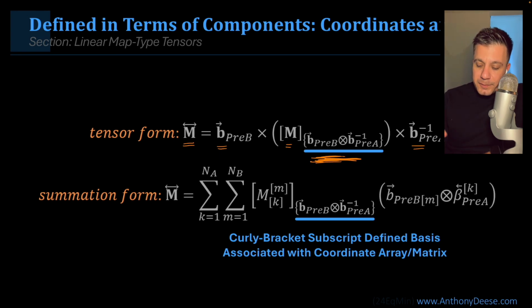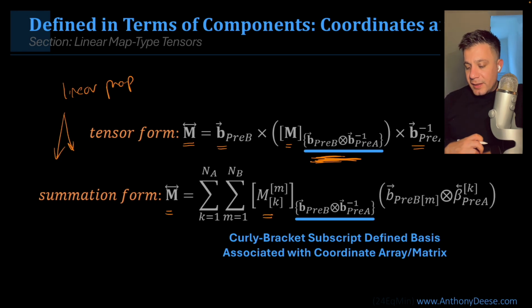Now, both of these are forms that are going to be specific to a linear map. As we get into higher rank tensors, it's going to be more difficult to present it in this way. Anyway, moving forward, we also have a summation form which states that element M superscript K subscript. So M is the contravariant index, K is the covariant index.